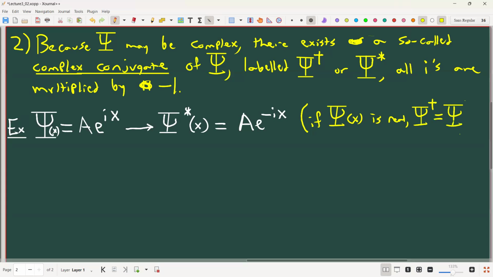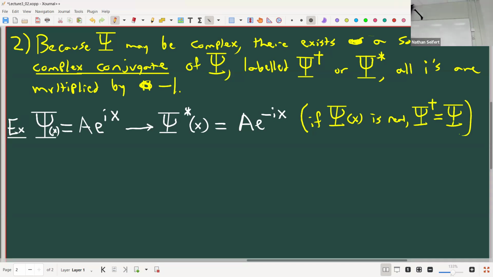And we're going to look at a lot of systems where we don't have i's. This has a nice property, and we'll see that in just a second.